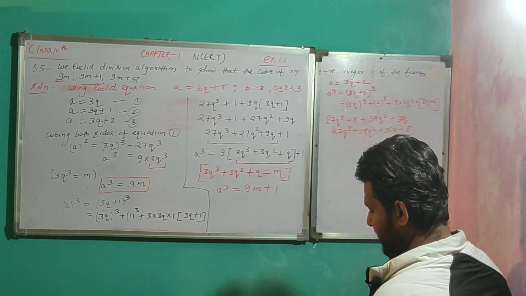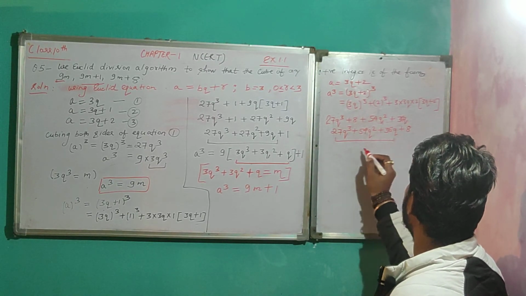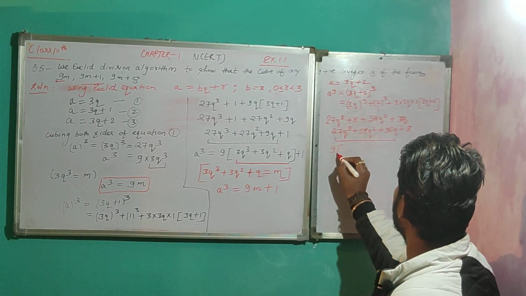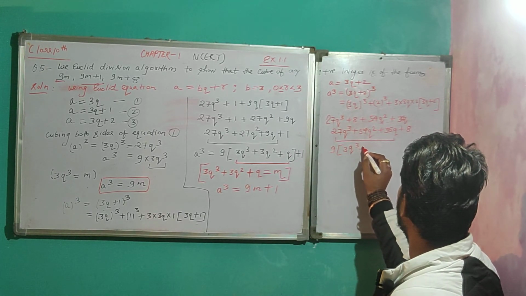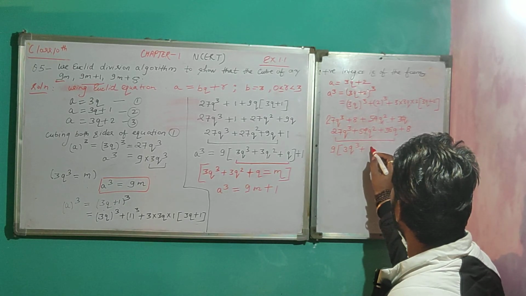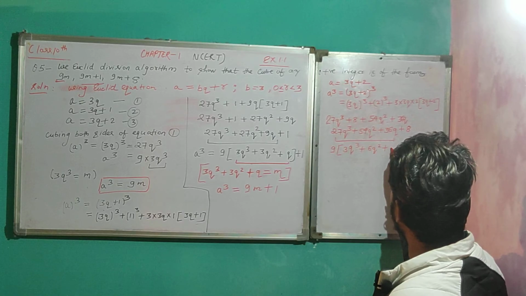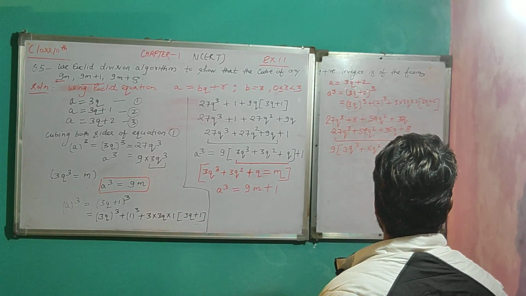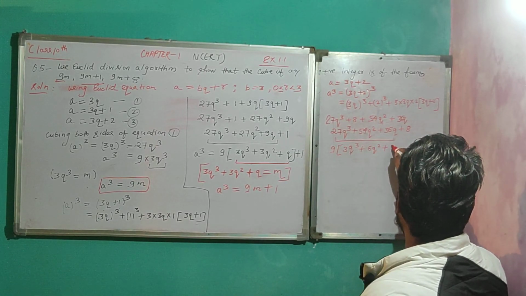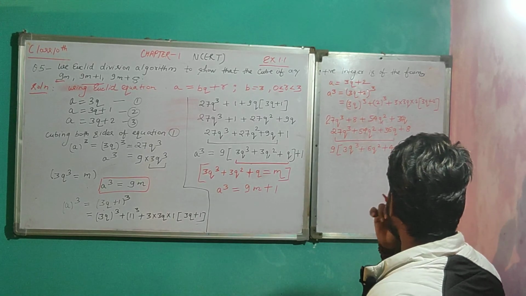Okay. Now taking 9 common from these three terms, therefore 9 bracket 3q cube plus 6q square plus 4q, plus 8.